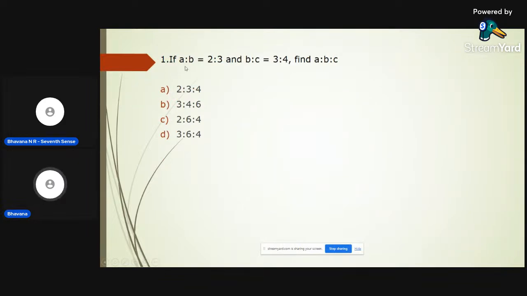So if A is to B equals 2 is to 3, and B is to C equals 3 is to 4, find the A is to B is to C value.